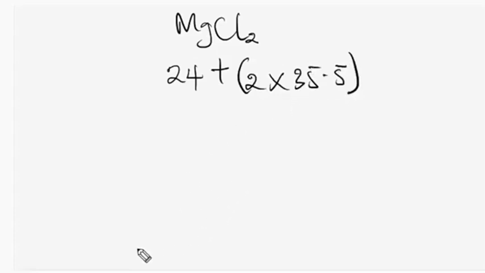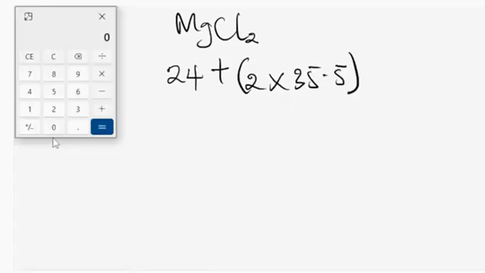Let's make use of our calculator here. We have 24 plus 35.5 times 2 is 71. Let's add this together.